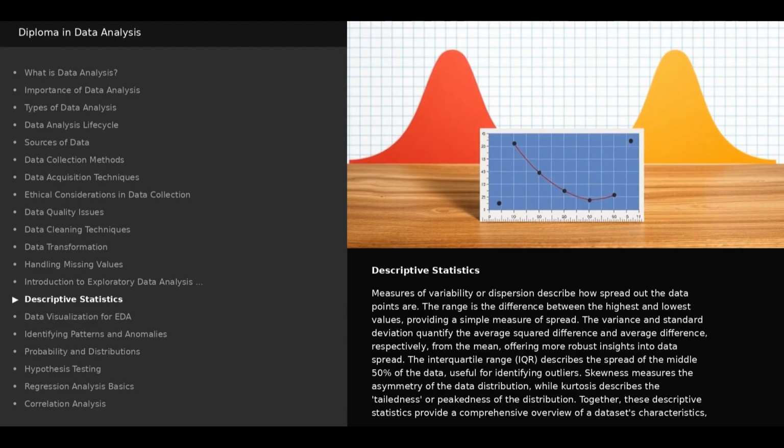The interquartile range, IQR, describes the spread of the middle 50% of the data, useful for identifying outliers. Skewness measures the asymmetry of the data distribution, while kurtosis describes the tailedness or peakedness of the distribution. Together, these descriptive statistics provide a comprehensive overview of a dataset's characteristics, enabling analysts to quickly grasp its essential properties.